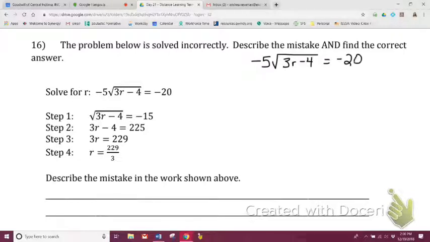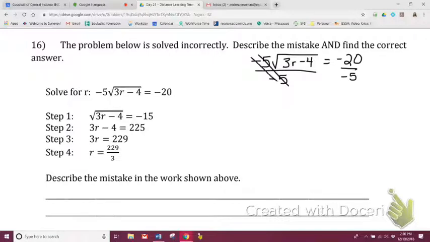Something has to be done with the 5. What is that negative 5 doing to the square root? It's being multiplied, so we want to divide both sides by negative 5.